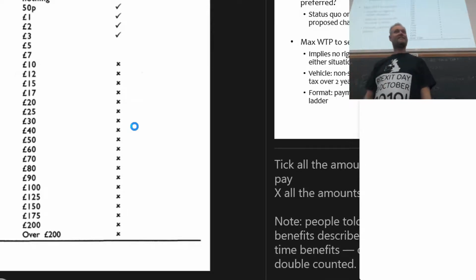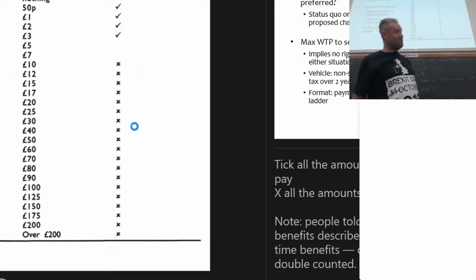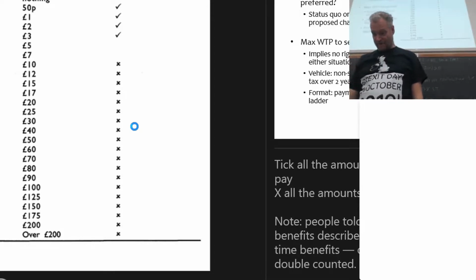And then you give them all those options and you essentially ask them, yes, I'm prepared to pay this, but not that, right? The great disadvantage of this is that you ask people to put lots of ticks and crosses. But you can minimize that by saying, okay, this is my maximum cross, my minimum cross and my maximum tick, right?